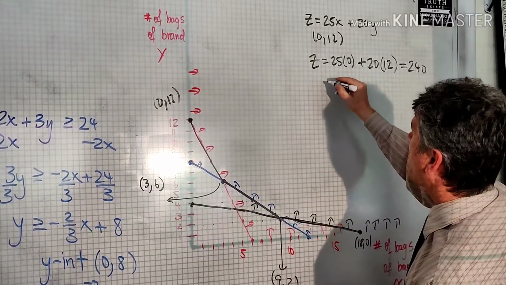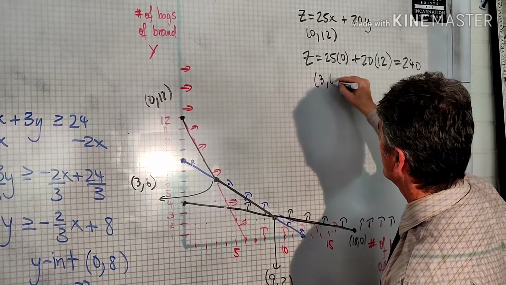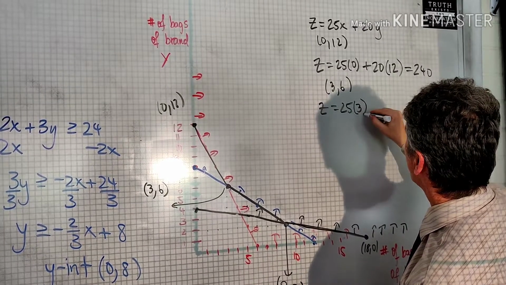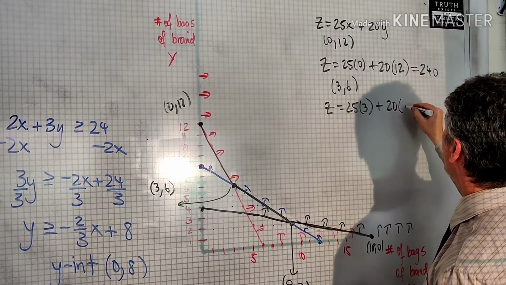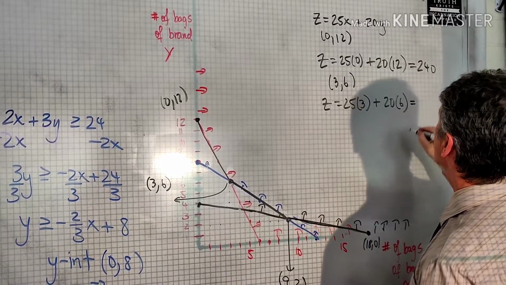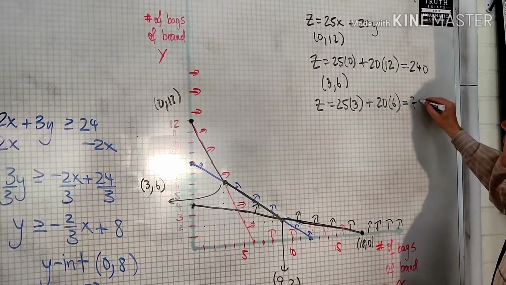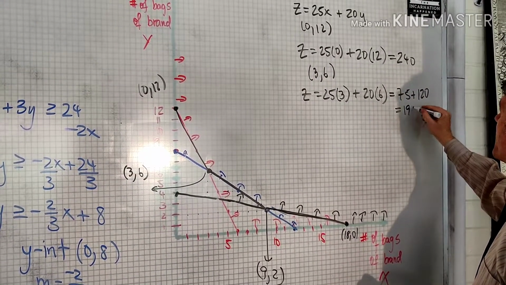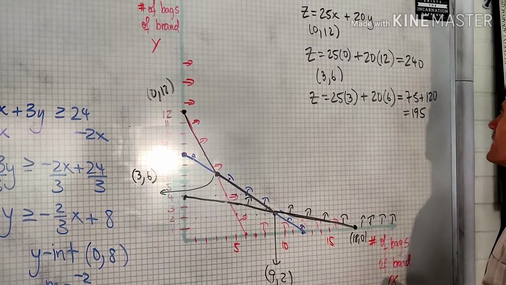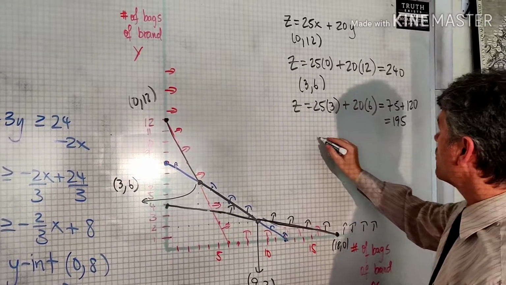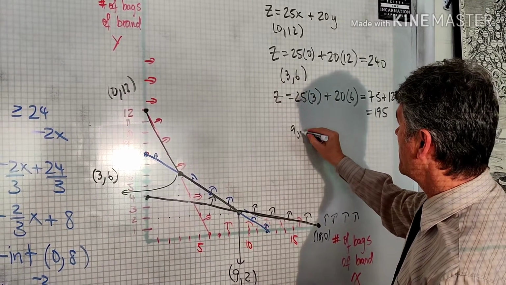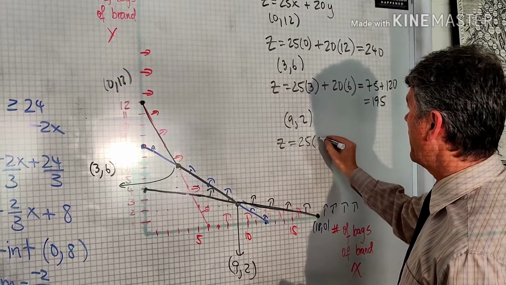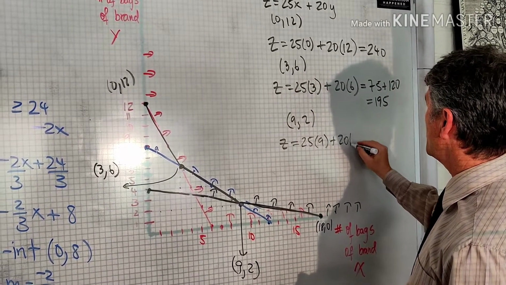Next point is (3, 6). z is equal to 25 times 3 plus 20 times 6. This is 75 plus 120, 195. Next, (9, 2). z is equal to 25 times 9 plus 20 times 2.